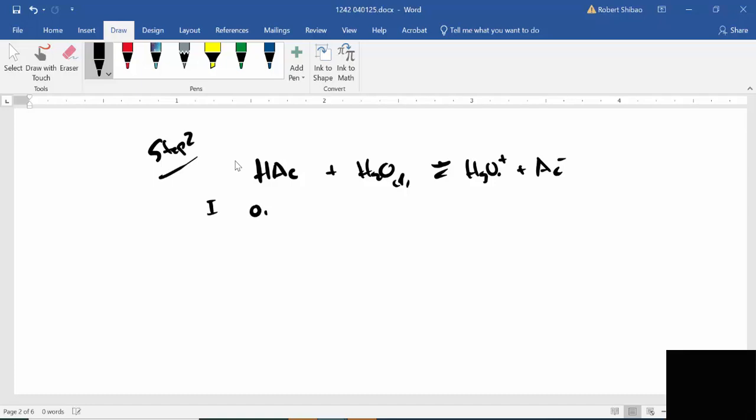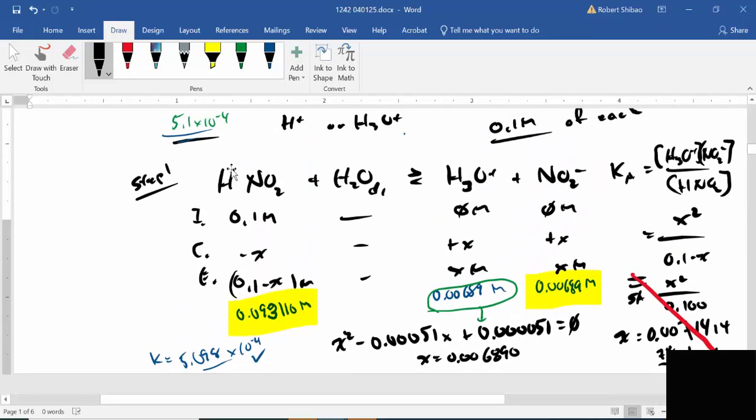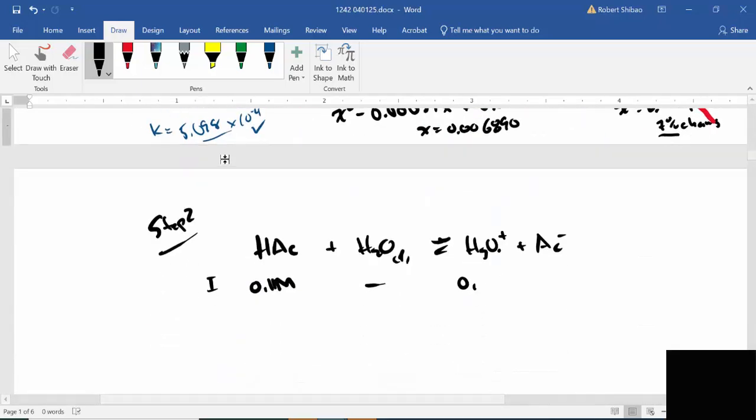Okay, again, we're going to assume that none of the acetic acid has hydrolyzed, but we're going to have how much was that? 0.00689 molar from step 1. And 0 molar acetate here.